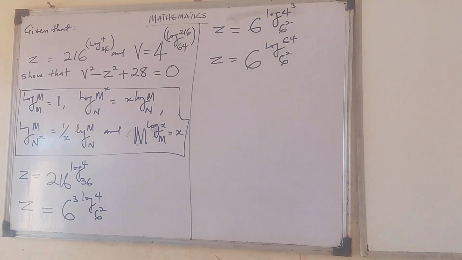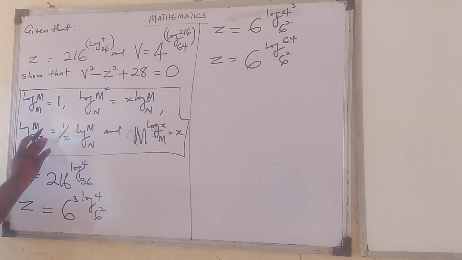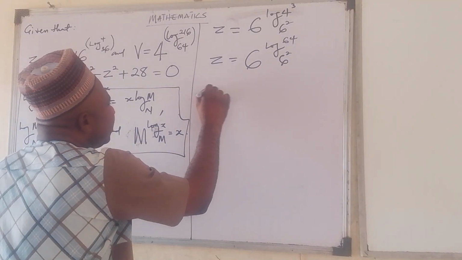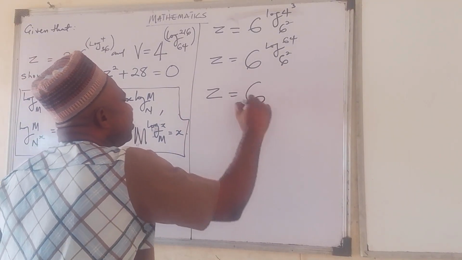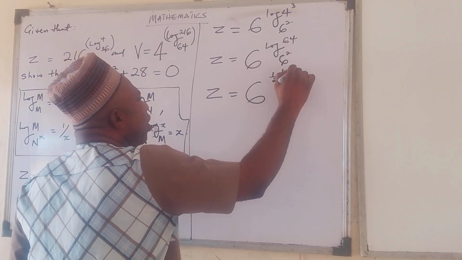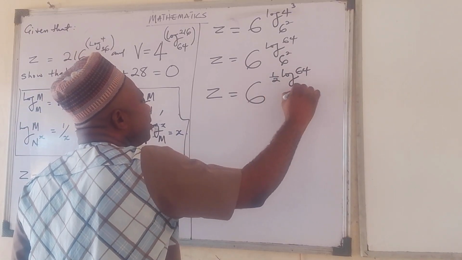And remember, let's look at this law: when you have log m base n raised to the power of x, it's the same thing as 1 over x log m base n. So z is equal to 6 raised to the power of 1 all over 2 log 64 base 6.